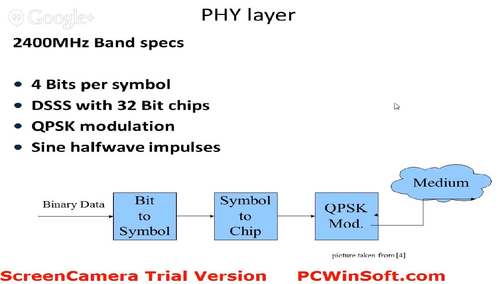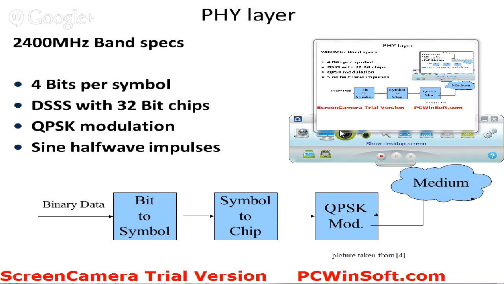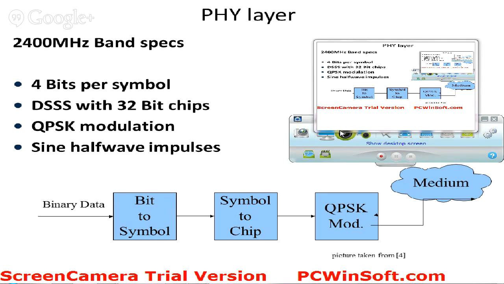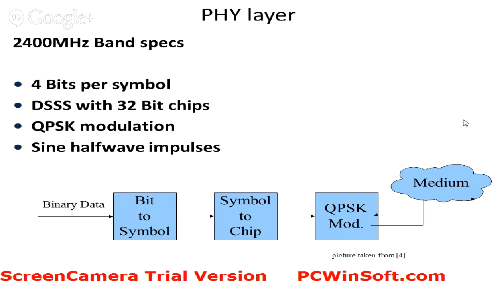You can see here the radio uses 4 bits per symbol. Initially, the binary data is converted into symbols, and then we have DSSS, direct sequence spread spectrum with 32-bit chips.